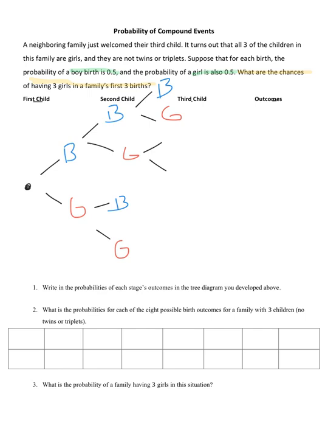And it could be boy, or it could be girl. And we'll keep filling this out. So once again, we could have boy or girl. And last but not least, boy or girl.